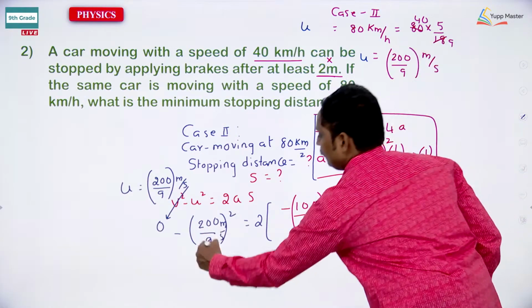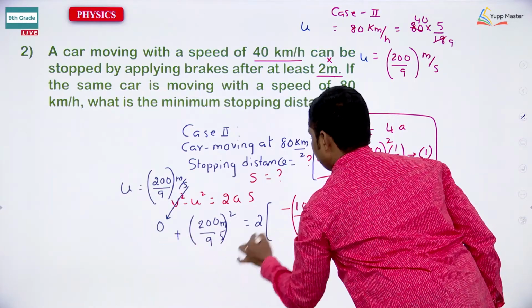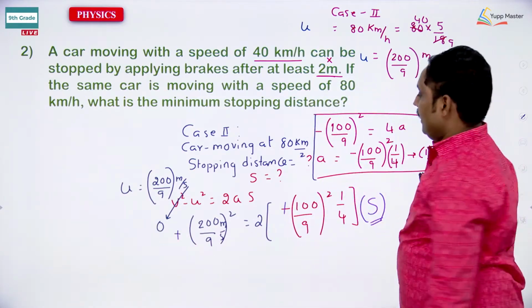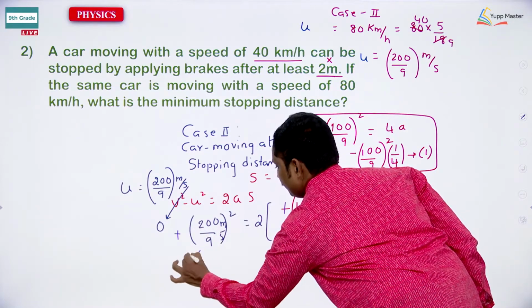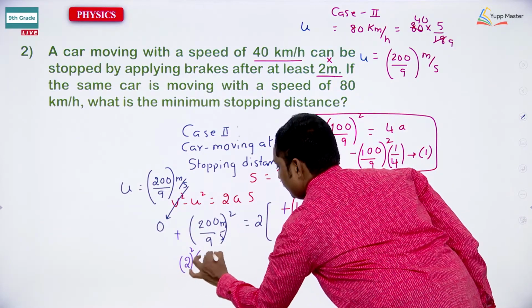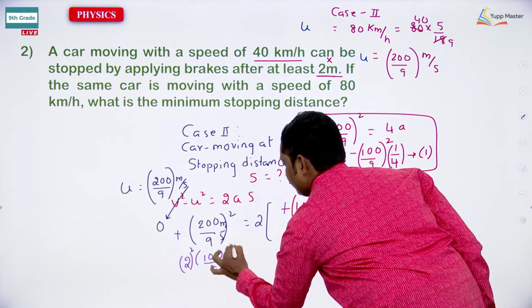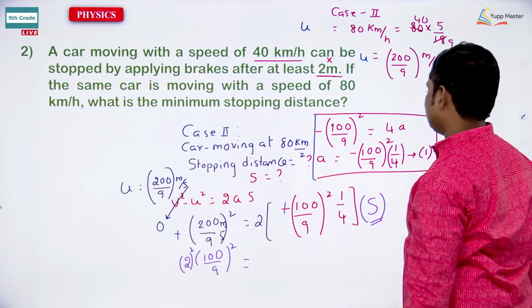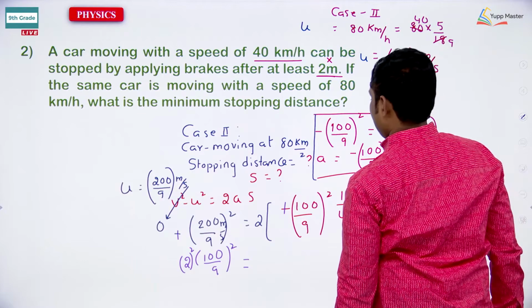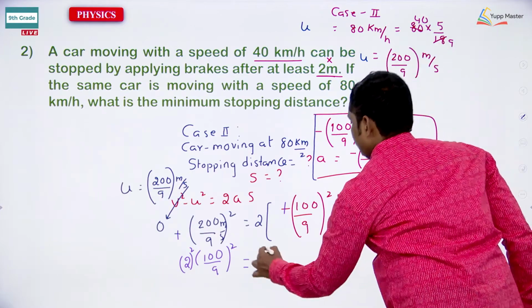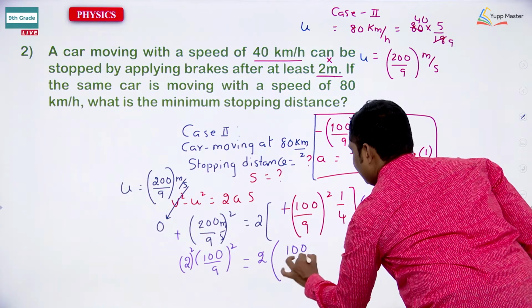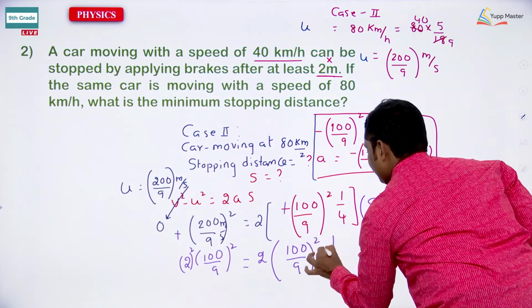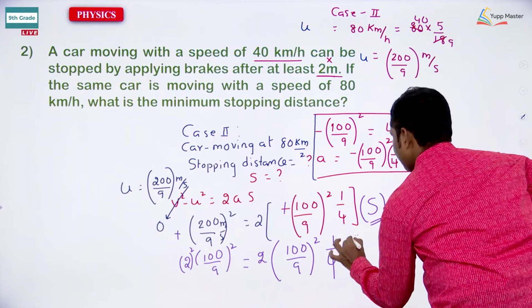It's very clear. So you can take the cancellation of the minus sign first of all, it's better, and you can keep 2 into 2 square into 100 by 9 whole square is equal to 2 into 100 by 9 whole square into 1 by 4 into s.